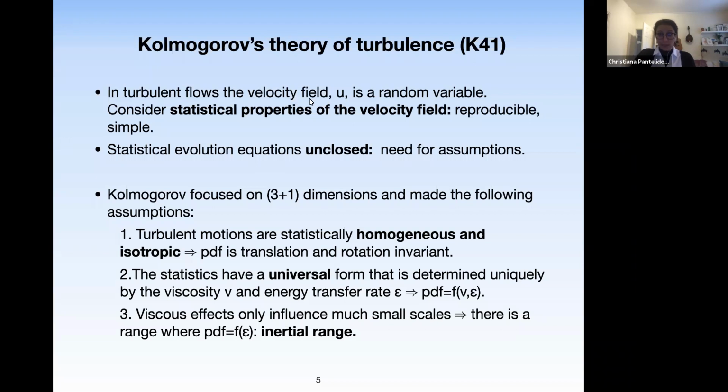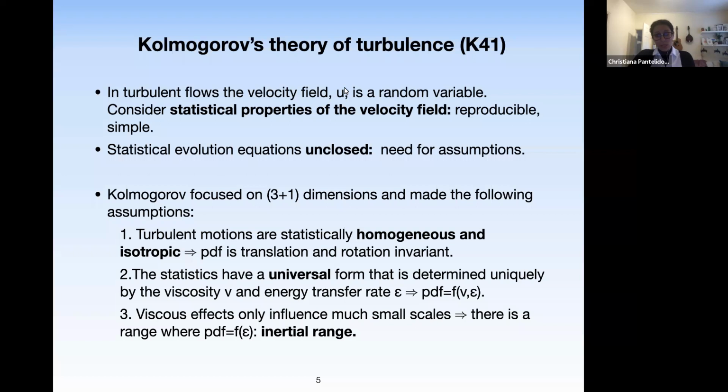And it's in this sense that the velocity field U is a random variable. On the other hand, if one considers instead its statistical properties, like the mean velocity field or some other correlation functions, these are actually simple and reproducible.